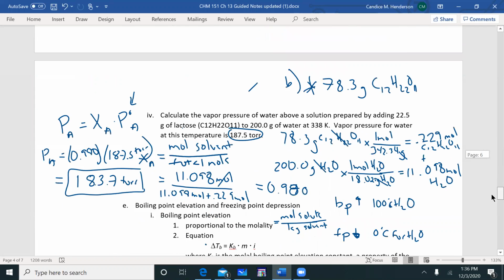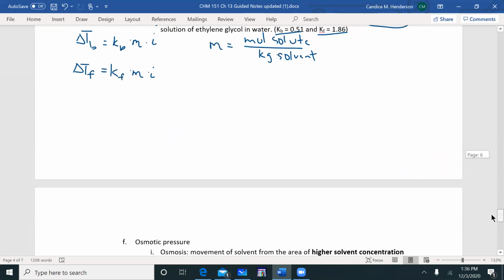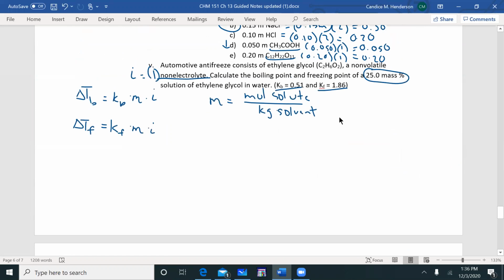If I have something that's 25% mass percent, I can assume that it's 25.0 grams of the solute, which in this case is my ethylene glycol, C2H6O2.